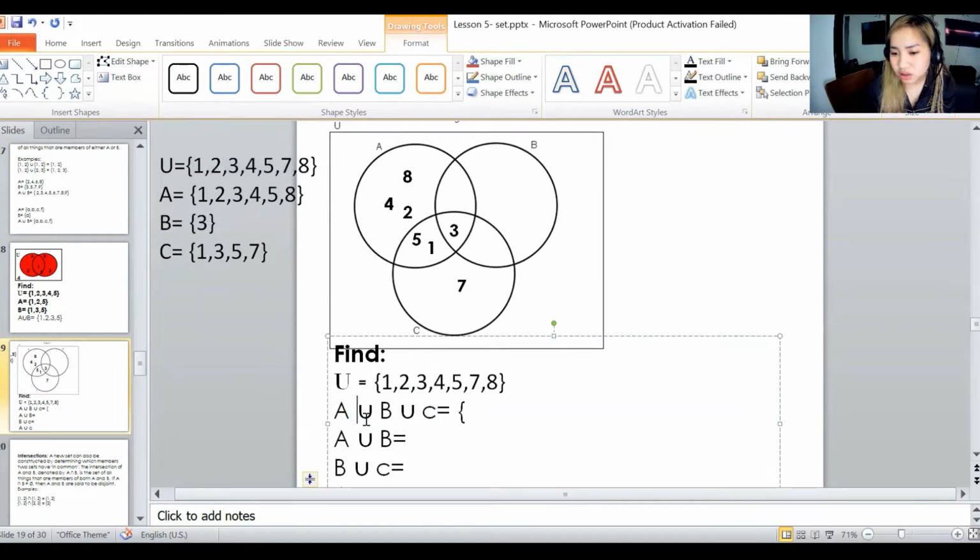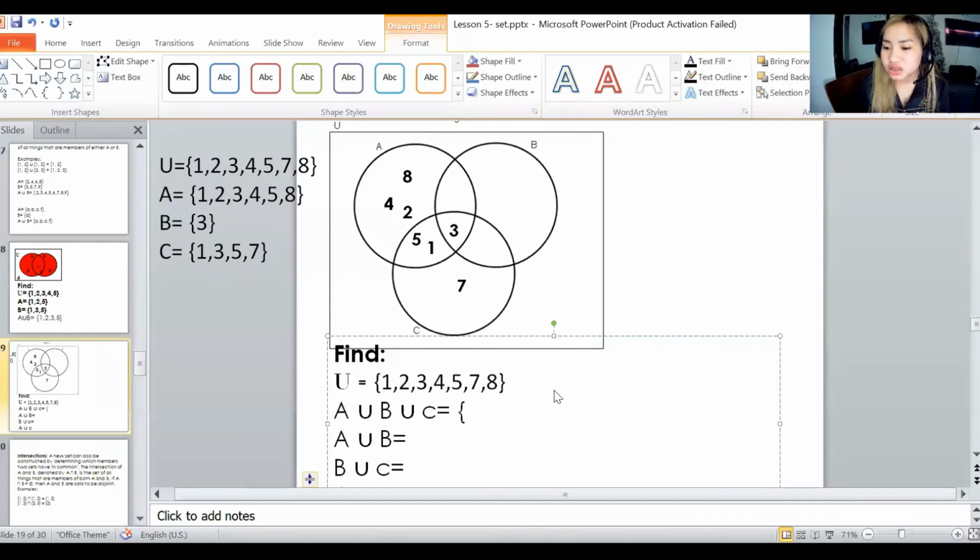So, sabi dyan, i-combine lang natin lahat ng elements ni A, B, C. And as you can see, dito sa Venn diagram natin, wala naman pong nakalagay dito sa labas ng set A, B, at C. Kaya ang magiging answer natin is itong lahat ng number dito sa loob ng A, B, C. Pero sabi natin kanina, wala nga pong nakalagay dito sa universe, sa labas ng A, B, C natin.